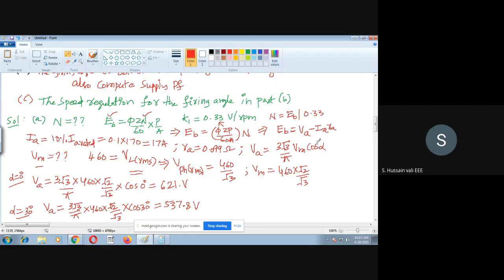Why are we doing all this? Because we want to find out EB, since if you know EB, then we can find out the speed. EB is equal to VA minus IA RA.